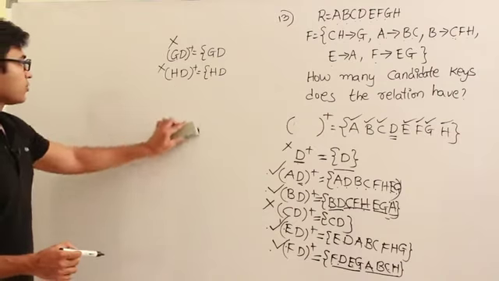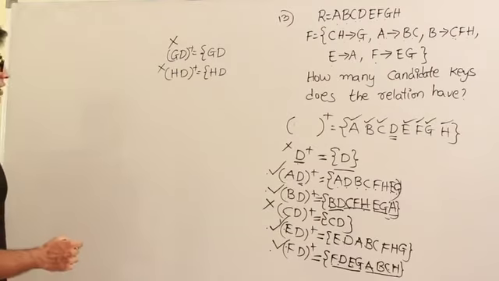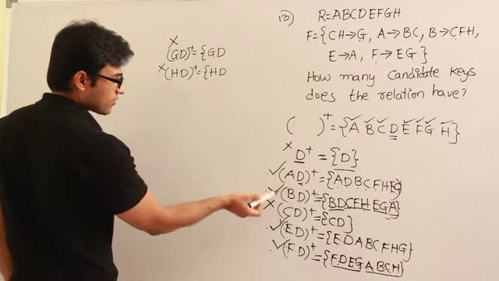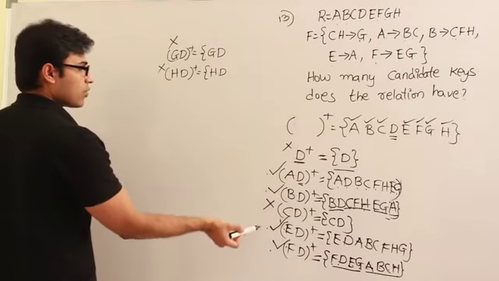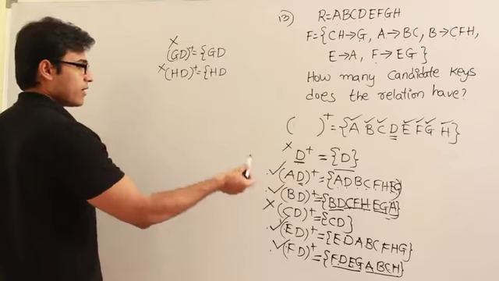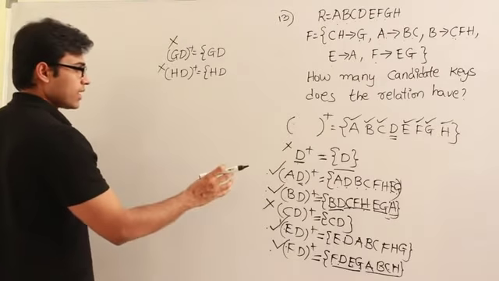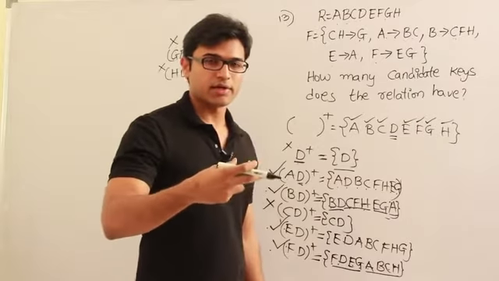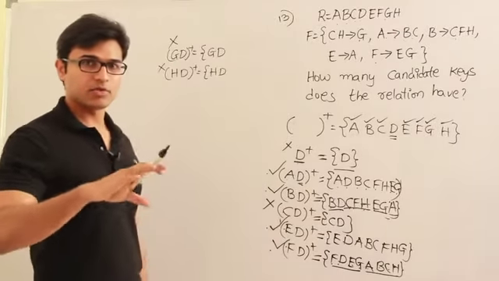So let's see what the possible candidates are. How to start exploring is you take whatever has not become a candidate key at this level, you take those and you try to add one attribute to that, and then see whether that result could be a candidate key.